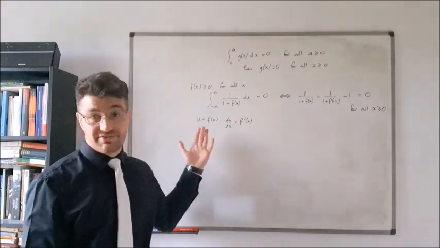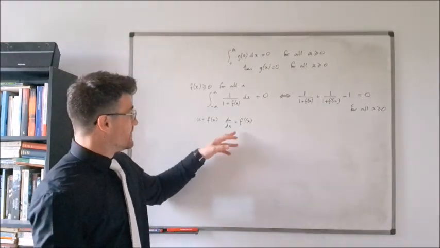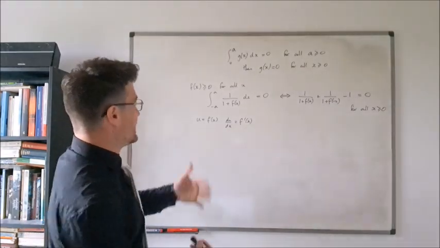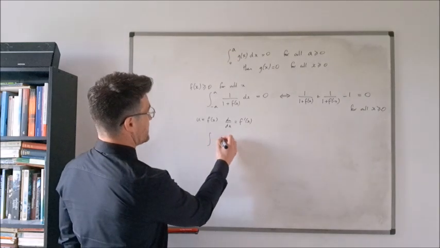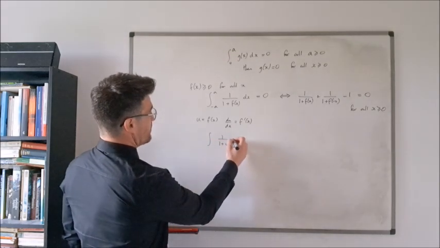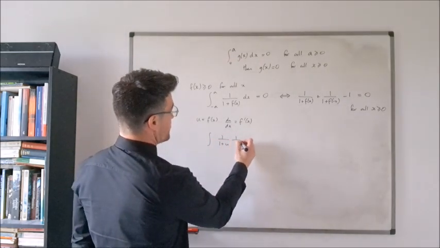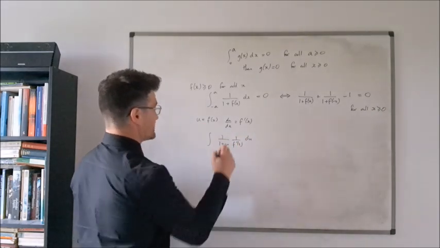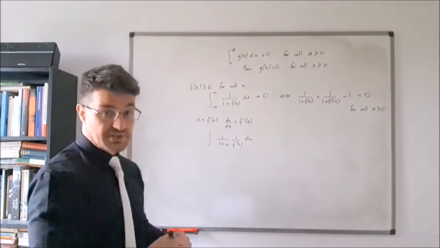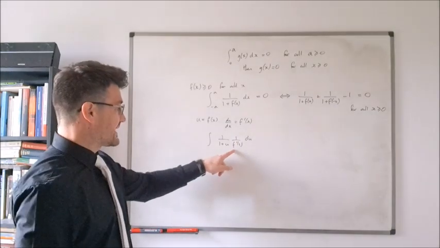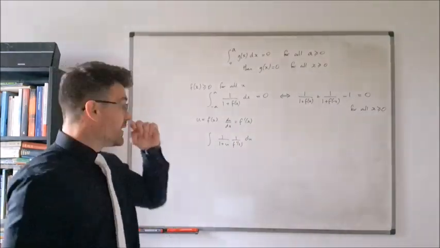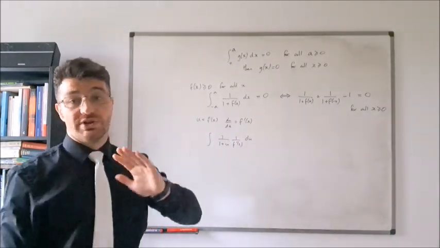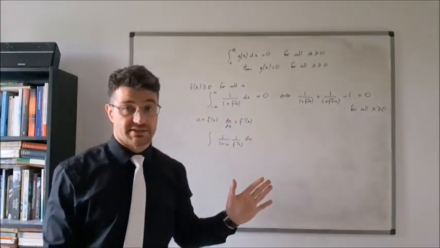This is not going to go anywhere. I saw very quickly this is going nowhere, because what I'm going to get is the integral of 1 over 1 plus u times 1 over f prime x du and all sorts of stuff in here. It's not going anywhere because I can't get f prime x in terms of u. f prime x, by the way, we don't know what the type of this function is.